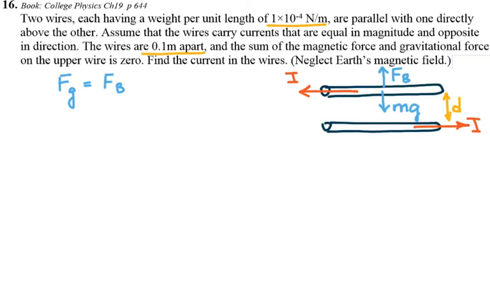And the force of gravity is mg on the top wire, and the magnetic force between two wires, or the wire acting on the other wire.